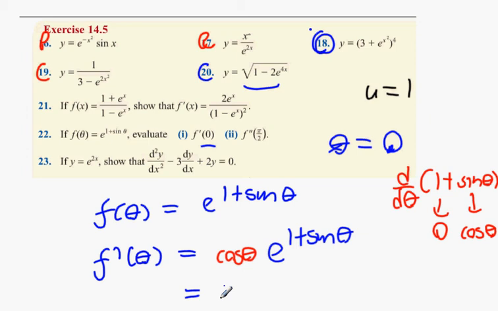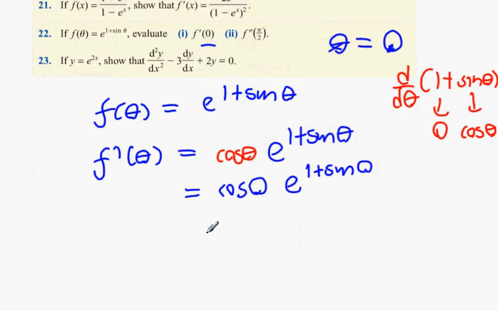It's going to be cos 0 e to the 1 plus sine 0. What is sine 0, guys? 0. And what's cos 0? 1. It's going to be 1 times e to the power 1 plus 0. The plus 0 disappears, and the answer is going to be 1 times e to the power 1, which is basically just e.